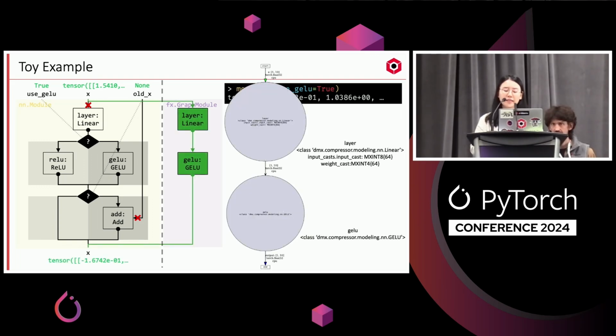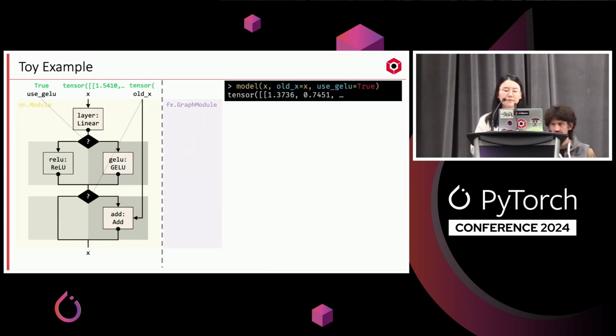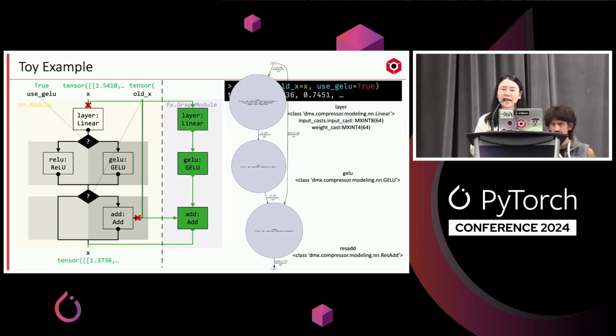As shown, the second DMX module is changed to a JALU. And an extra DMX module is created to handle the addition of x and old x. So throughout this process, we can see that the DMX modules are consistently configured according to the configuration rules that we defined earlier.